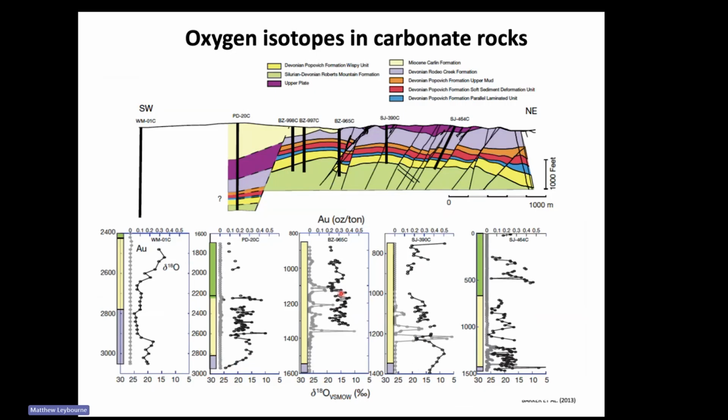And as we come into the system, you see the gold concentrations go up. So we start seeing spikes in gold in these two drill holes and in this one over here. And at the same time, in the same samples, the oxygen isotope values become lighter. They move to the right. So that's suggesting that, yes, we could use oxygen isotope values as an indicator of mineralization.